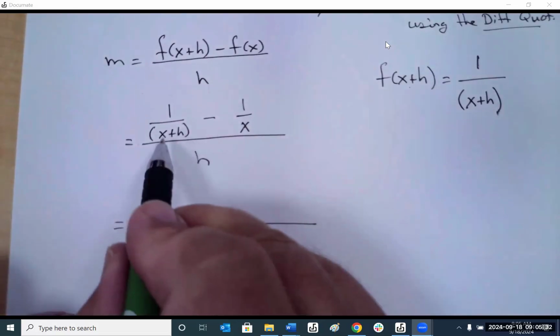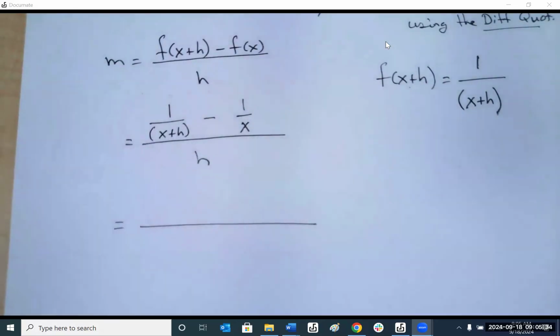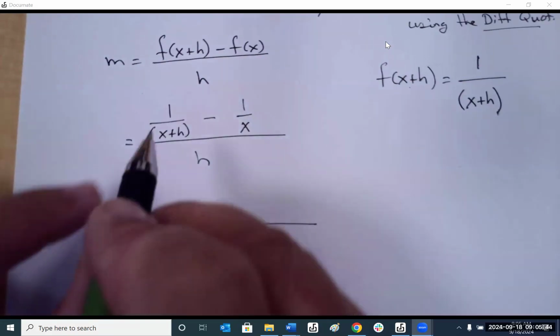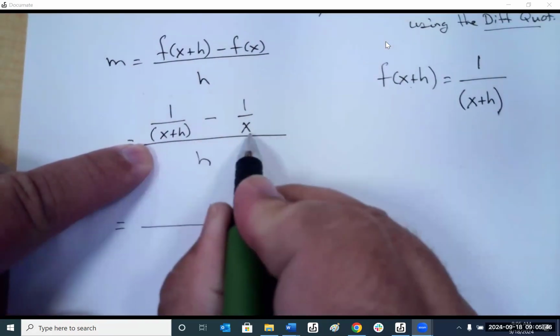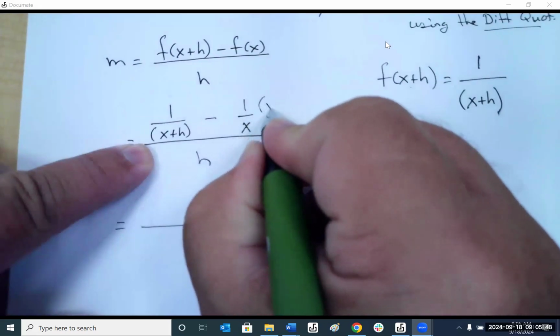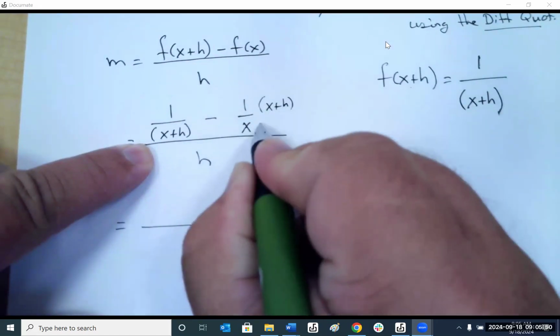No, this is an equation. This x plus h has to stay together. We're subtracting two fractions. What's the rule about subtracting fractions? LCD. You have to have a common denominator. This one has an x plus h. Does this one? No. So it needs an x plus h.